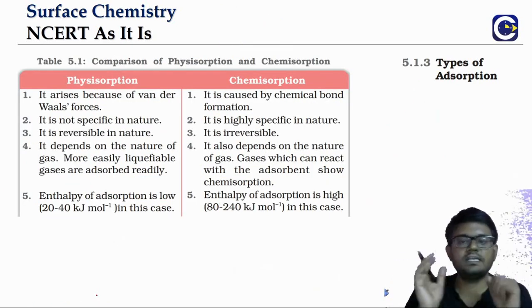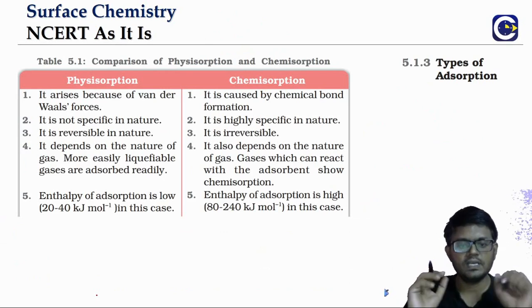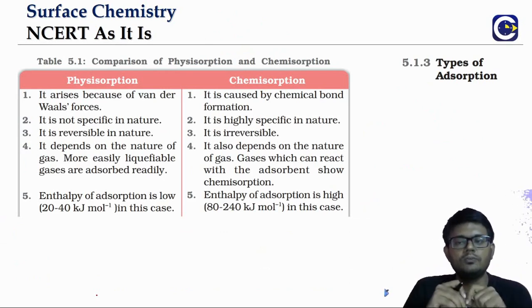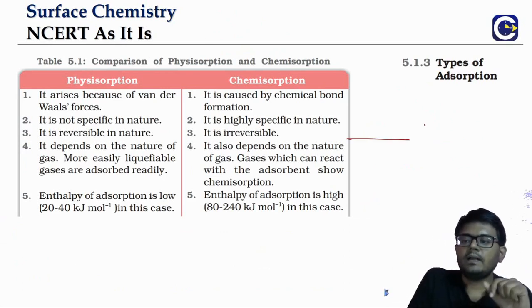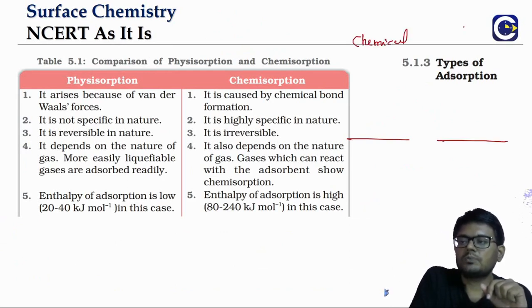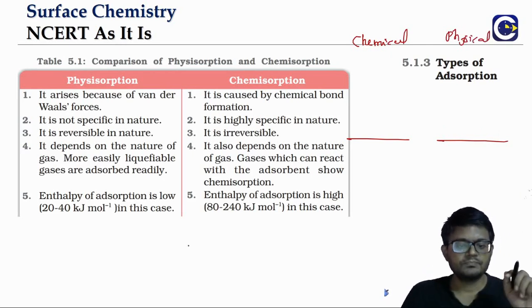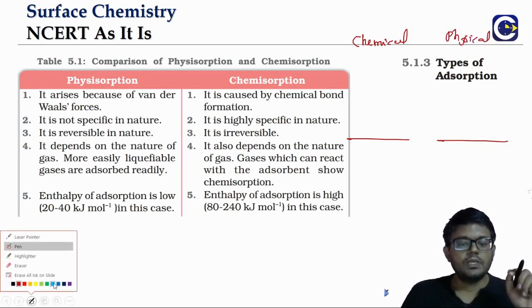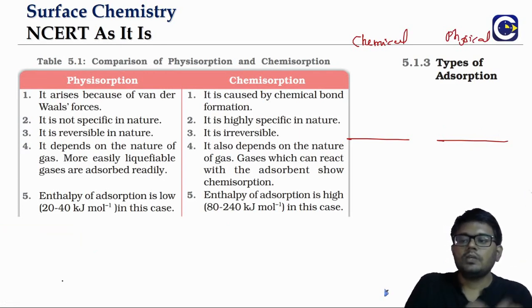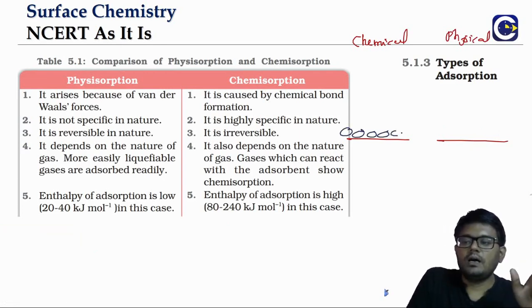Now, before we summarize the differences, there is one more additional point that we need to mention. If you look at a chemical adsorption and a physical adsorption, there is one more fundamental difference. A chemical adsorption is usually a unilayer phenomenon, single layer.